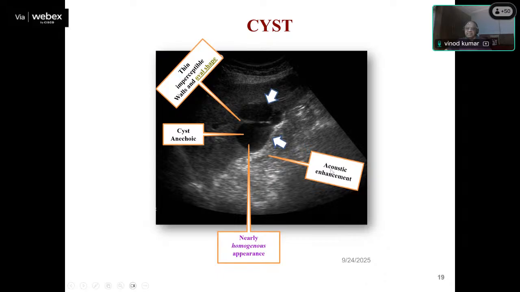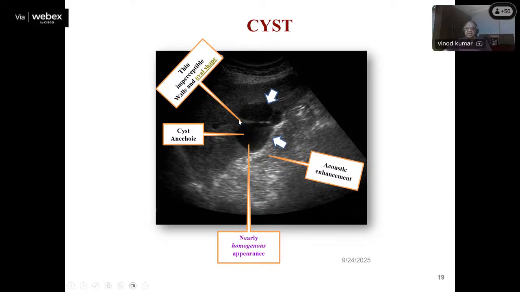In case of a cyst, outside this boundary area there is acoustic enhancement, the bright area. So the cyst is black, the boundary of it shows acoustic enhancement, meaning more brightness, and the inside of the cyst is nearly homogeneous.